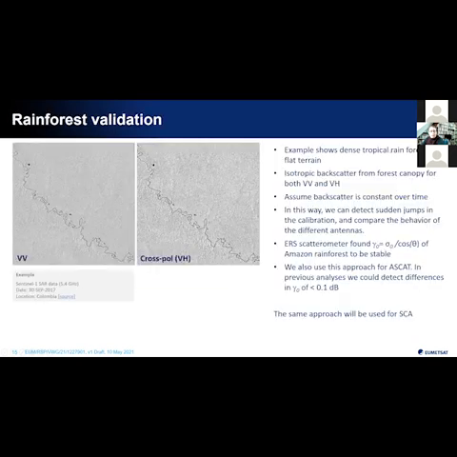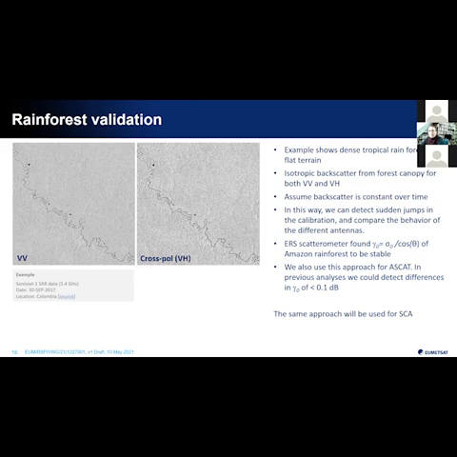So as I said, if you look at the tropical rainforest, it's very, very boring. But this is a good thing, because you have isotropic backscatter from the forest canopy, and this is in all polarizations. And what we are doing to validate the signal is to also generate long-term backscatter statistics.